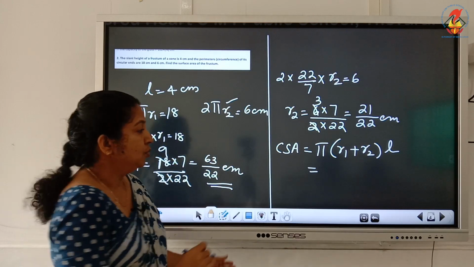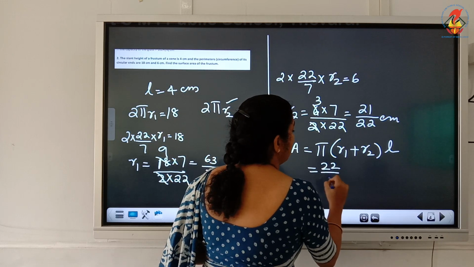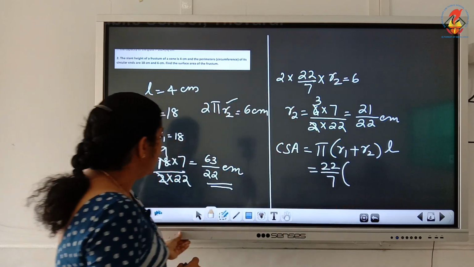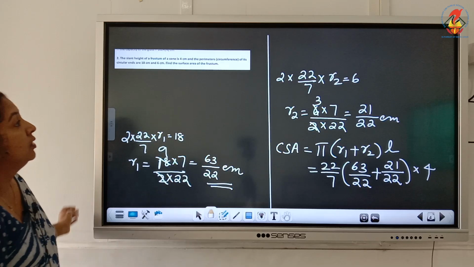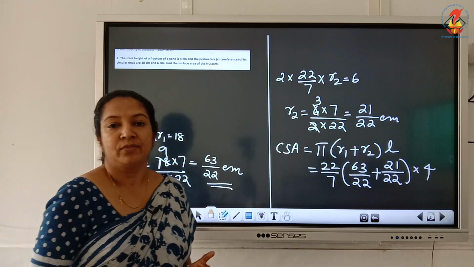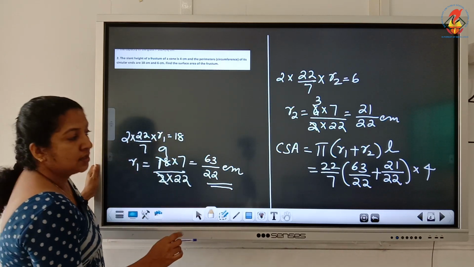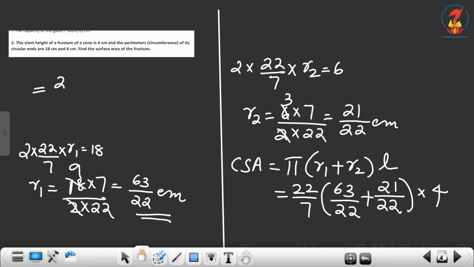So it is equal to 22 by 7 into, what is R1? 63 by 22 plus 21 by 22 into L. What is L here? L is given as 4 centimeter. The question is to find the CSA of the frustum. So we have to find the CSA only. So we can write this as 22 by 7 into, 22 is common.